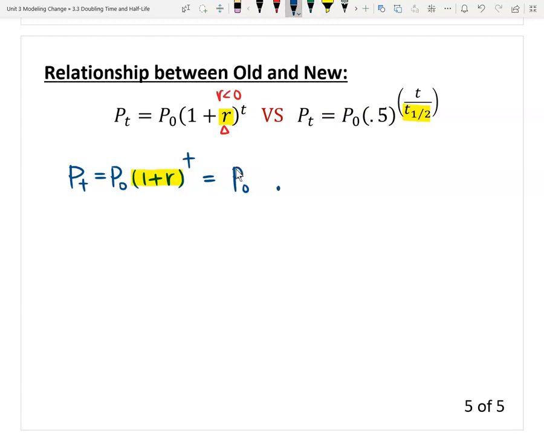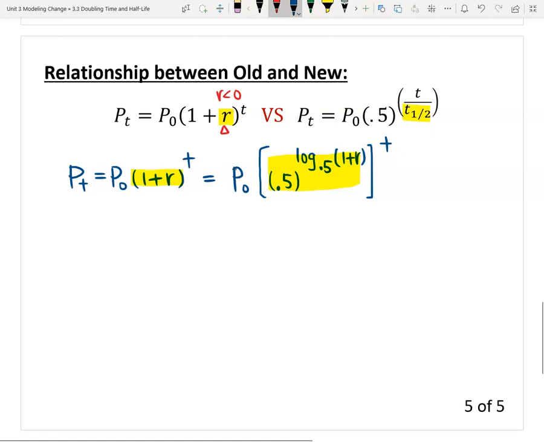P0 times the new base 0.5, raised to the power log base 0.5 of (1 plus r). That big one is just equal to the old base 1 plus r. Therefore, I have to put a big parenthesis, raised to the power of t.